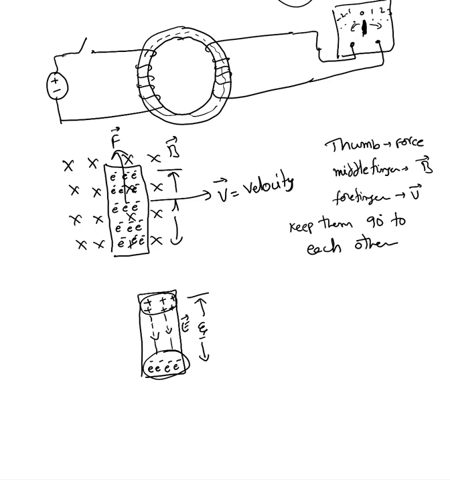This voltage E, I'm representing as the induced EMF. Once you have EMF, which is nothing but voltage, if I connect this conductor to a circuit, there will be a current passing through this circuit.